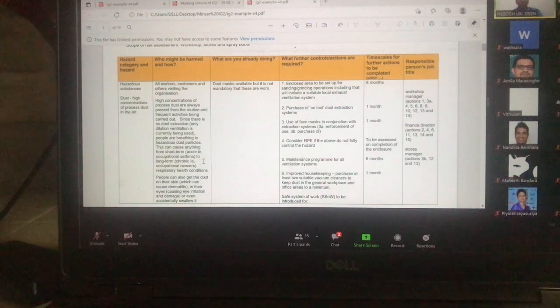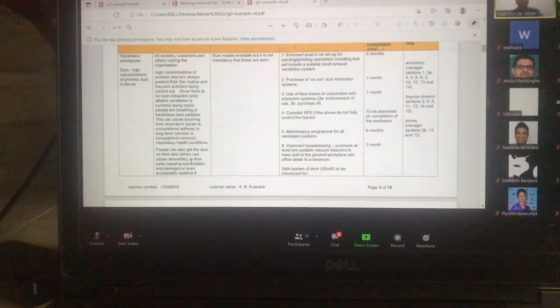People can also get the dust on their skin, which can cause dermatitis, and in their eyes, which can cause eye irritation and damage, etc. They may even accidentally swallow it, through hand-to-mouth transfer from contaminated hands. He's telling a lot of things.